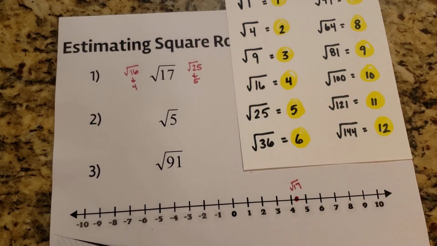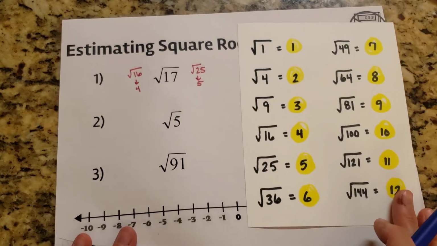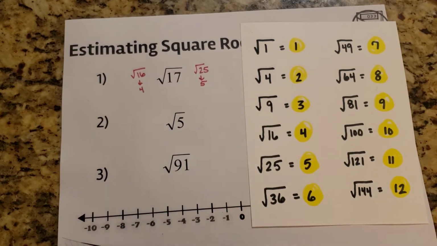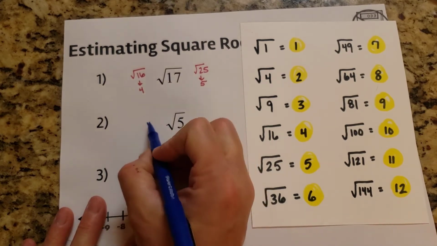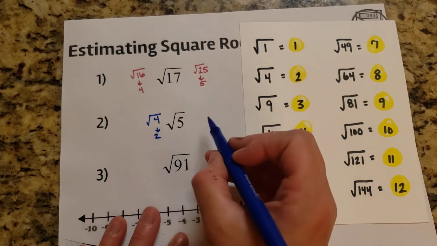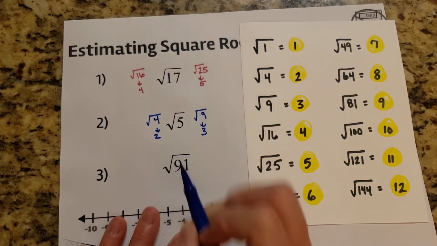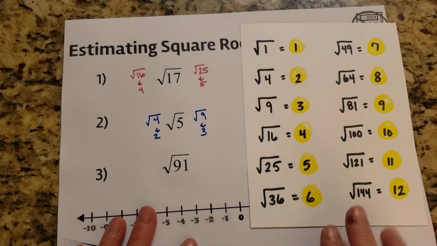All right, the next one is square root of 5. Think about what rational square roots you know that are close to 5. Well, you know the square root of 4 is 2, and that comes right before. And then the square root of 9 would come right after, and that's 3. You can use this to help you if you need to.